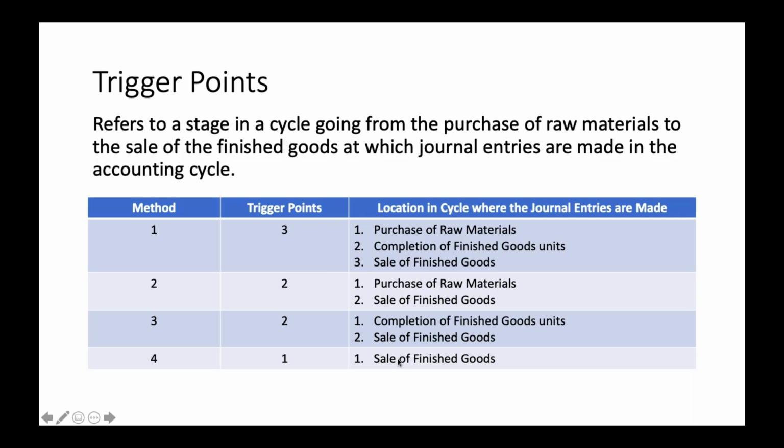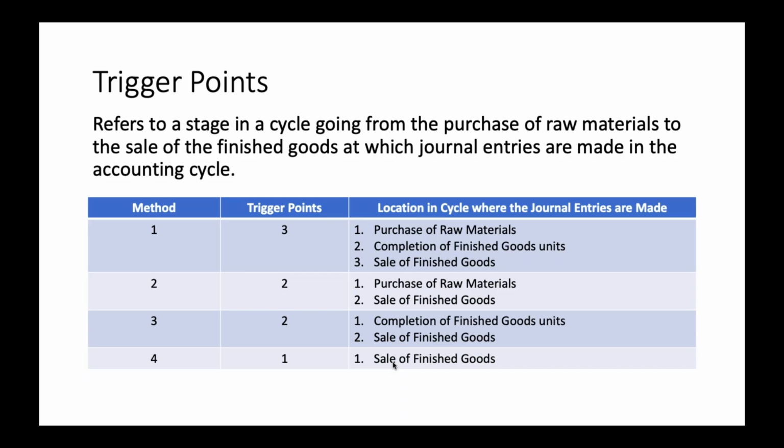Upon recognition of the inventory on trigger points, we also have to make other entries to account for other actual costs which were incurred, and we call it flushing back all the costs that we have incurred during the production process. But this time, instead of making an entry while doing it, we will make an entry after doing it. And that is why we call it flushing back all the costs.